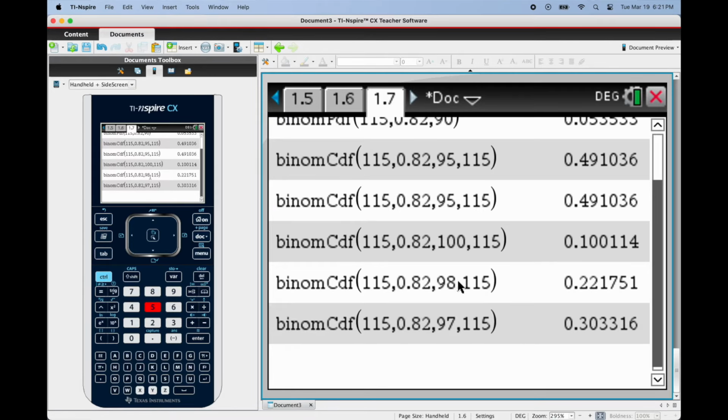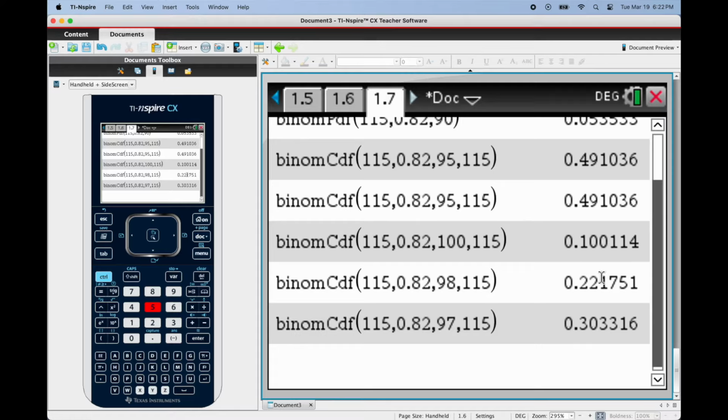So in this case, still on the calculator screen, it looks like if we cure between 97 and 115, we have slightly over 30% chance of that happening. Curing between 98 and 115 patients only happens 22% of the time. So this is the value that is less than 30.